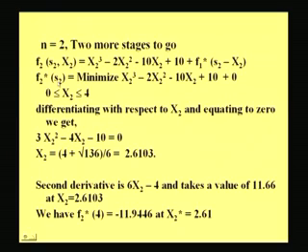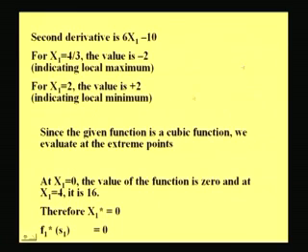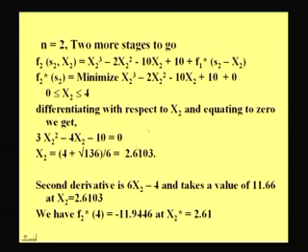Now, f2 star of s2 is the value of x2 that minimizes x2 cubed minus 2x2 square minus 10x2 plus 10 plus 0. The 0 comes because of f1 star of s2 minus x2. We have already seen here that f1 star of s1 is 0, therefore, f1 star of s2 minus x2 is also 0.